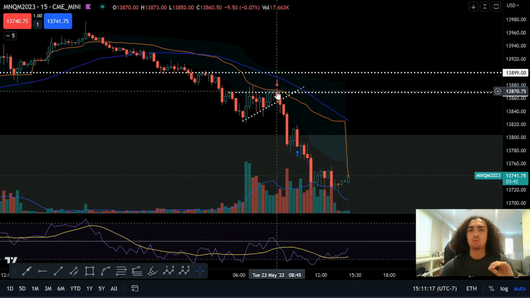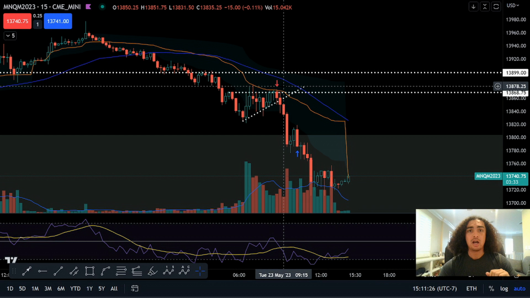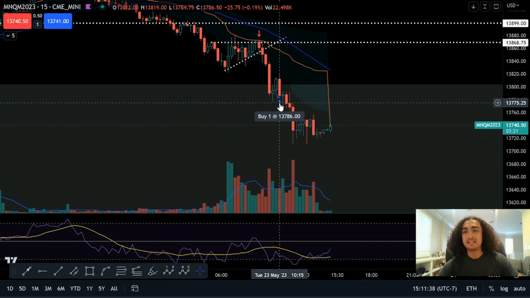I could have set it right at VWAP or even right at this line, but I really had no way of knowing that this trend line was going to break. So I'm happy with that entry. Really solid rejection off of VWAP, breaking out of this ascending triangle, and then we got this very large move down. Pretty solid. Took my take profit at 786 for about 75 points.